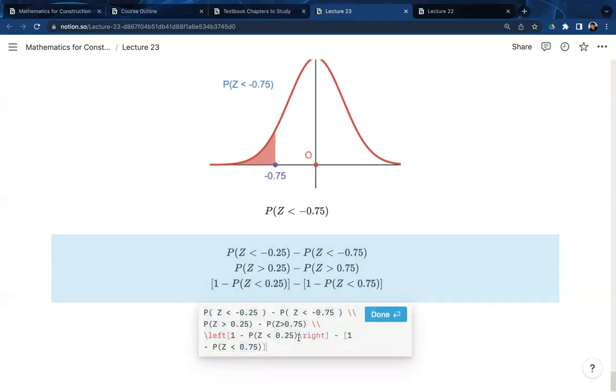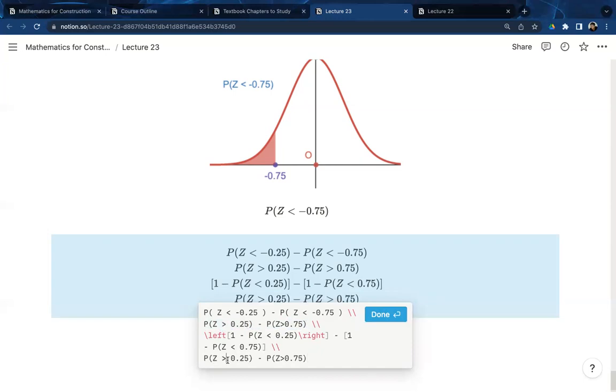What would this work out to now? If you remove brackets, these ones cancel, and negative by negative is a positive. So what you will get is the reverse of this: the probability that Z is less than 0.75 minus the probability that Z is less than 0.25.